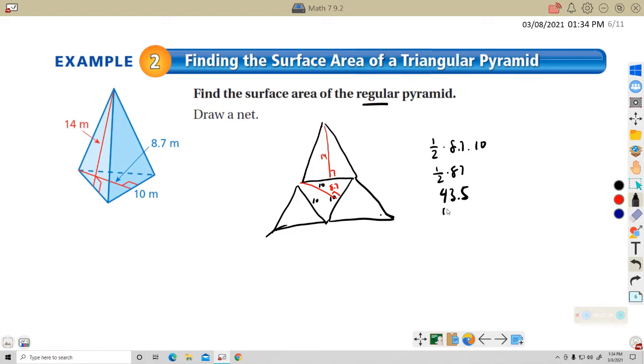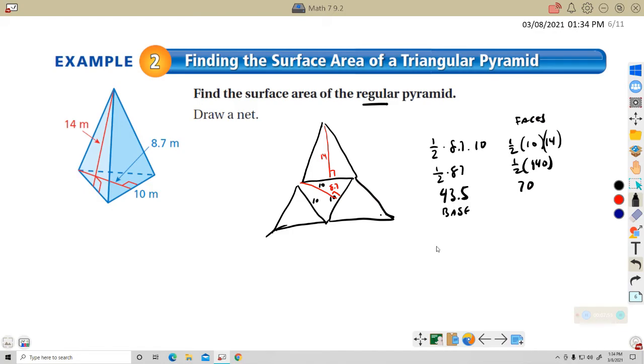Okay, so we have a base of 43.5. Now, one of the lateral faces is going to be 1/2 times 10 times 14. So it's 1/2 of 140, so it's going to be 70.